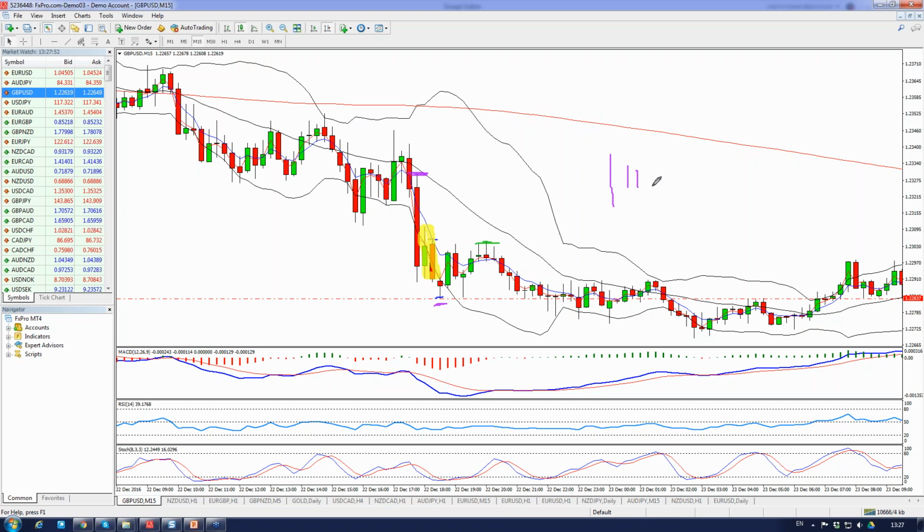You see? 1, 2, and continuation. These two inner candles have no impact of changing the move. No way. Inner candle is a break candle. It has no impact. It's not important. No way, no how. Therefore, these two are not important.